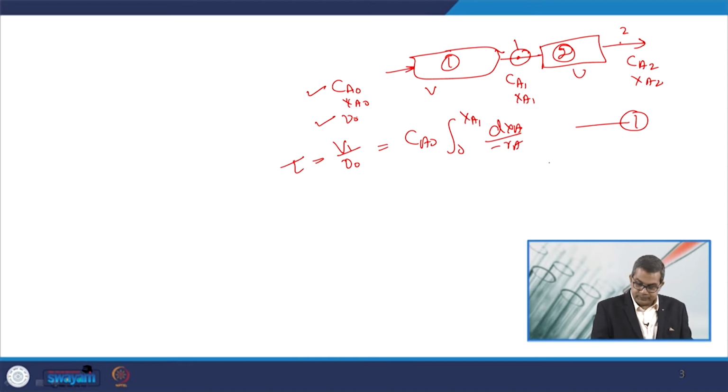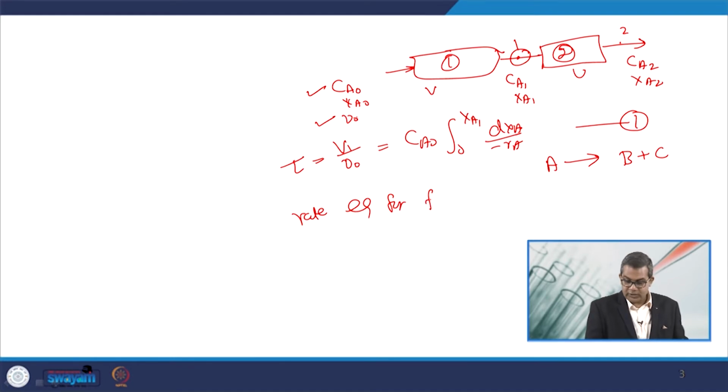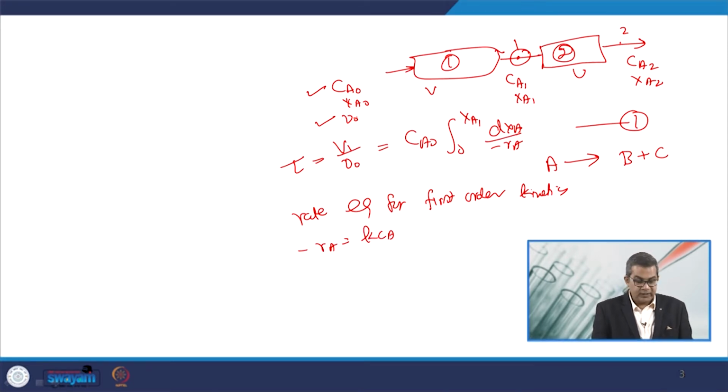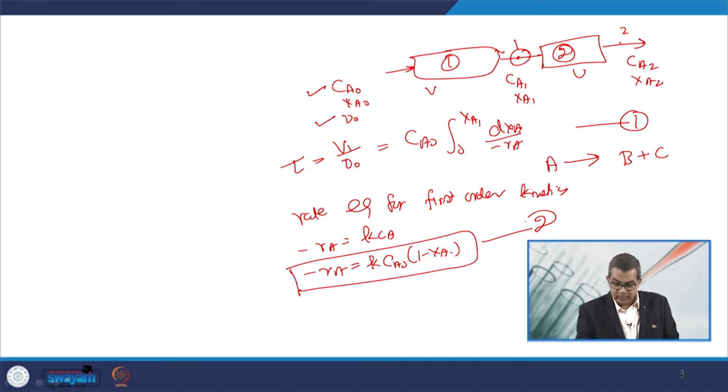Now if A is converting into B plus C, the rate equation for first order kinetics can be written as minus Ra is equal to K Ca, or minus Ra is equal to K Ca0 (1 minus Xa). This is my equation number 2.